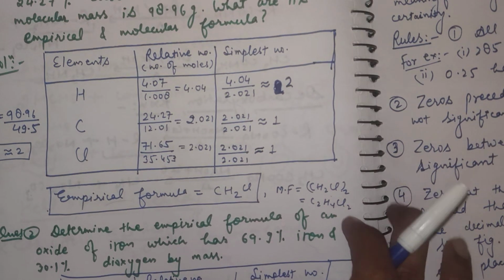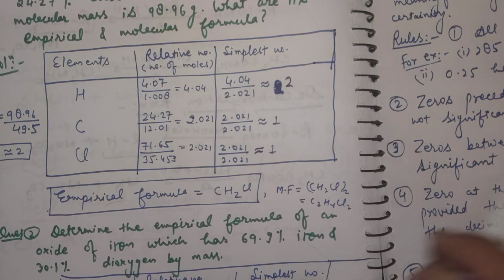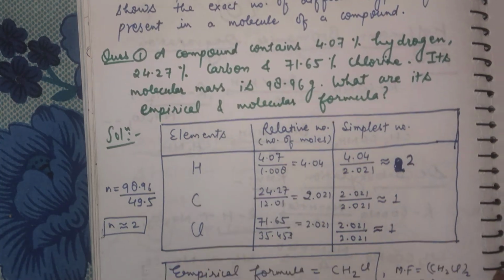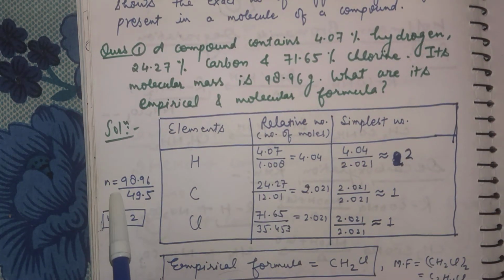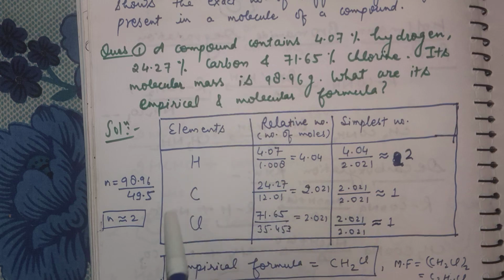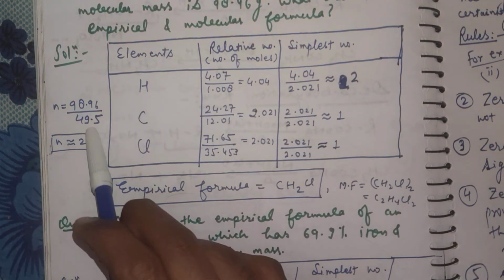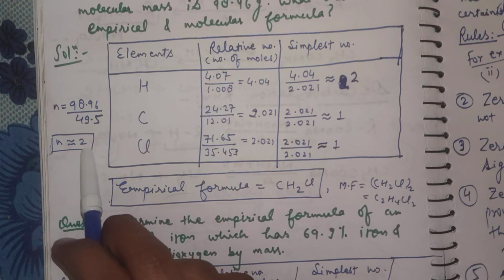So we get CH2Cl. The molecular formula will be CH2Cl whole twice. And how do we get the 2? We get it by this formula: n is an integer, and n equals molecular mass upon empirical formula mass. The molecular mass is given as 98.96, and on calculating we get n equal to 2.